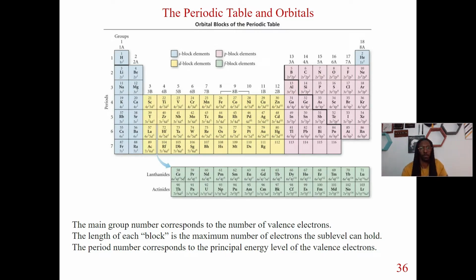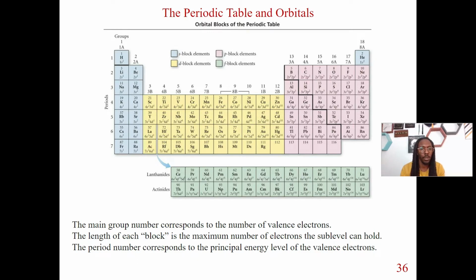Whoa, blowing your mind right now. P, 1, 2, 3, 4, 5, 6. They can only hold 6 electrons. D can hold 10. F holds 14. I'm not about to count all that. But basically, our periodic table is giving us value.